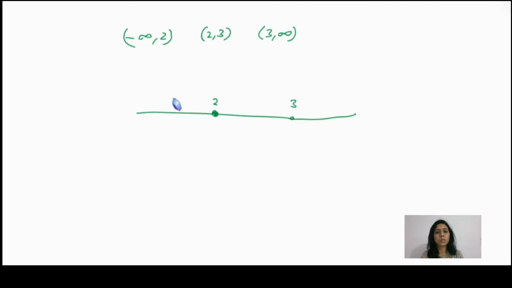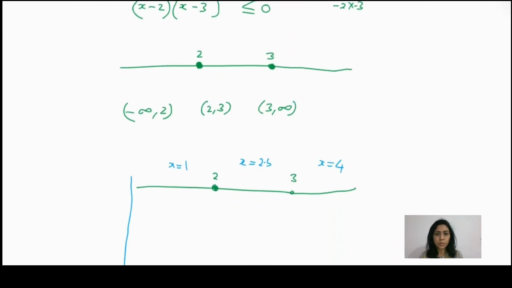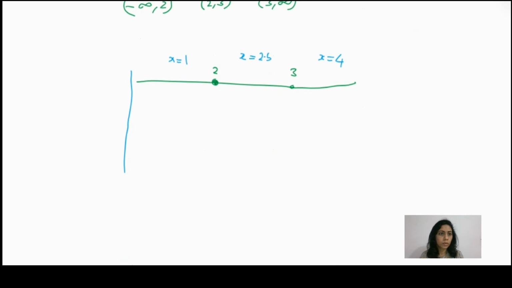Here we can choose any number, so we can choose here x is equal to 1. From 2 to 3 we will choose here 2.5. Okay, and for 3 to infinity we can choose 4. You can choose any number. Okay, now here this is x minus 2 and x minus 3.